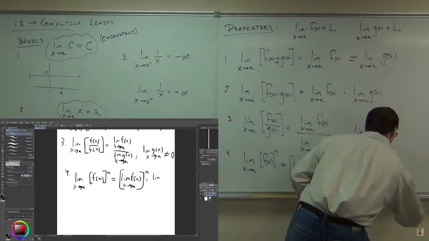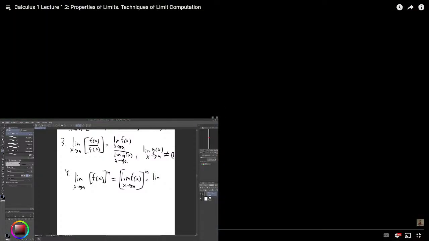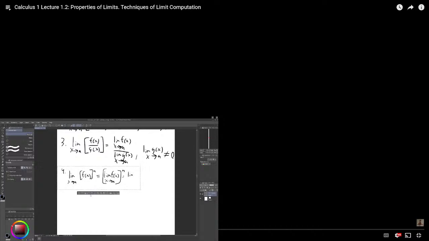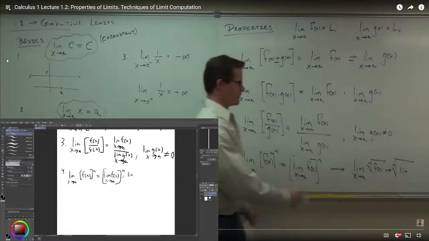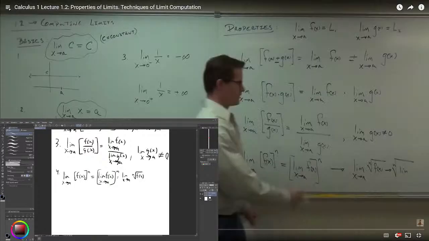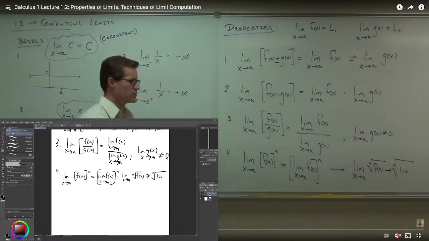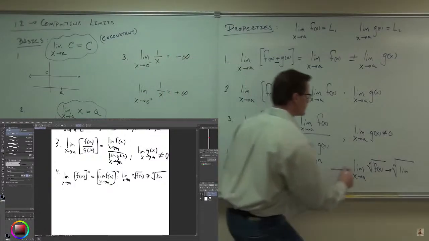You can remove a radical. You can take a radical outside of your limit.